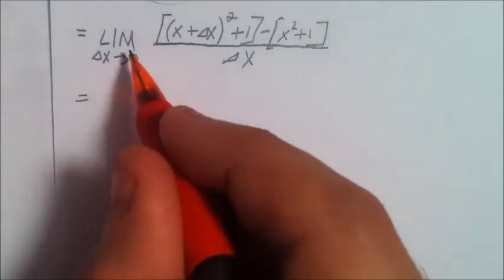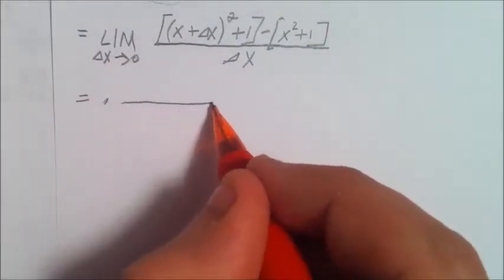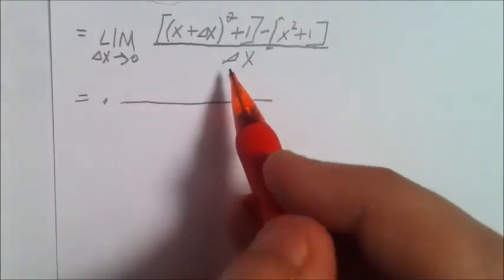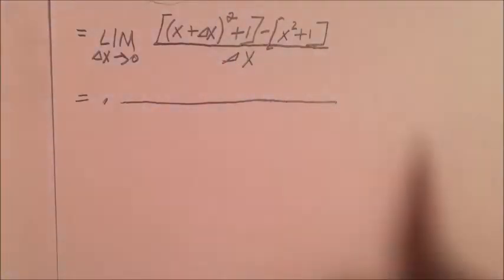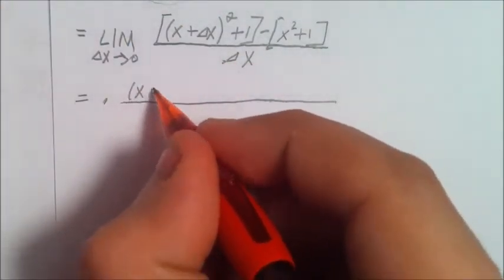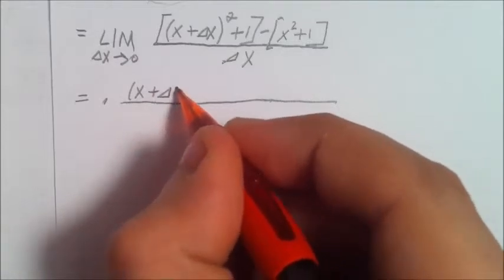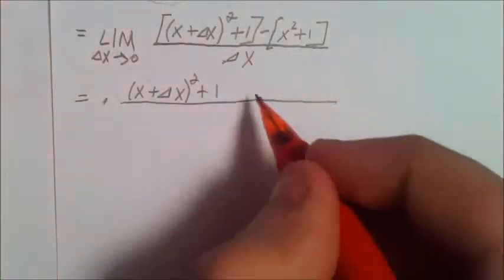So I'm going to omit my limit for now, just for the sake of time. And what I want to do is I just want to expand this equation. So I'm going to take away the parentheses, or the brackets I should say, and just write everything out as it is.